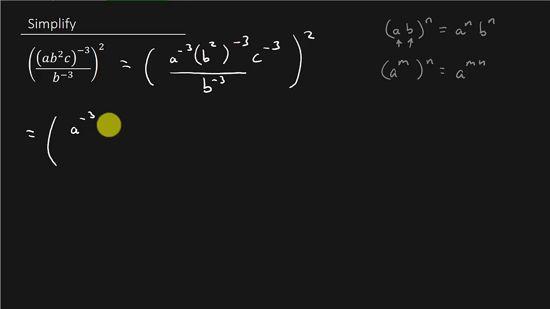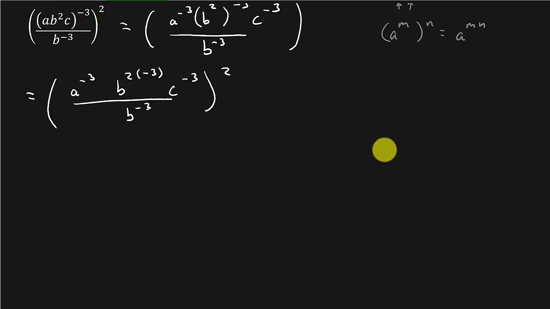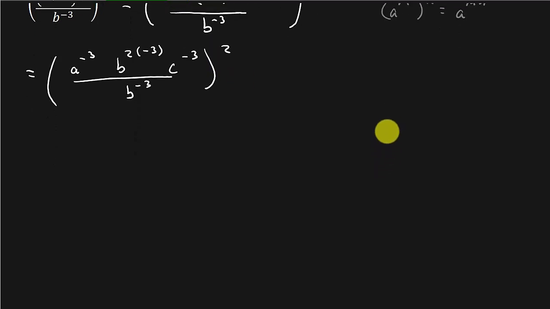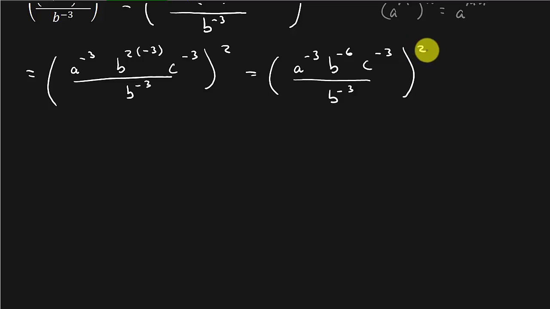So I'm going to multiply those exponents: b to the 2 times negative 3, c to the negative 3 over b to the negative 3, and then all of that squared. That's going to give us a to the negative 3, b to the negative 6, c to the negative 3 over b to the negative 3, and then all of that squared. All I did is multiply the 2 and the negative 3.